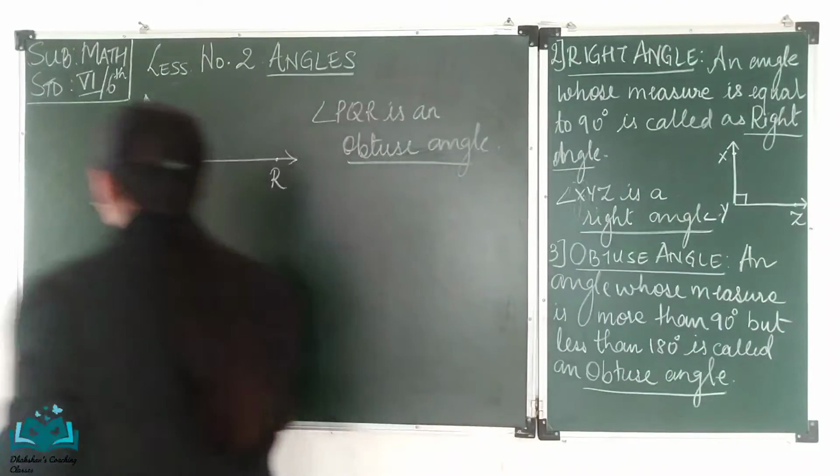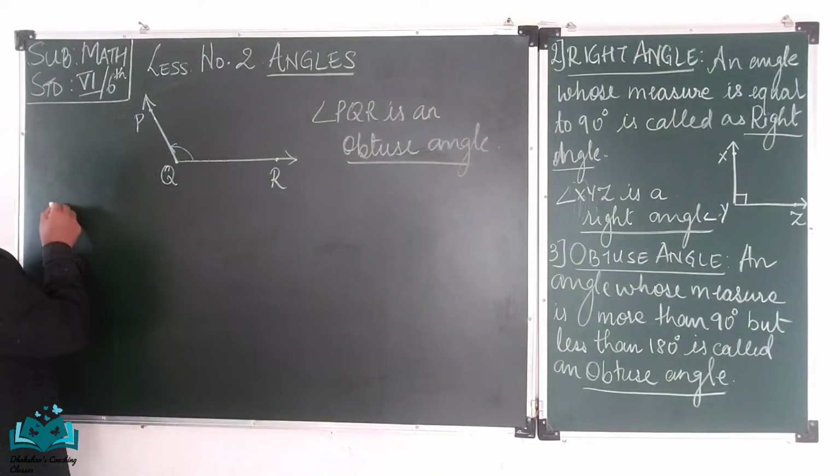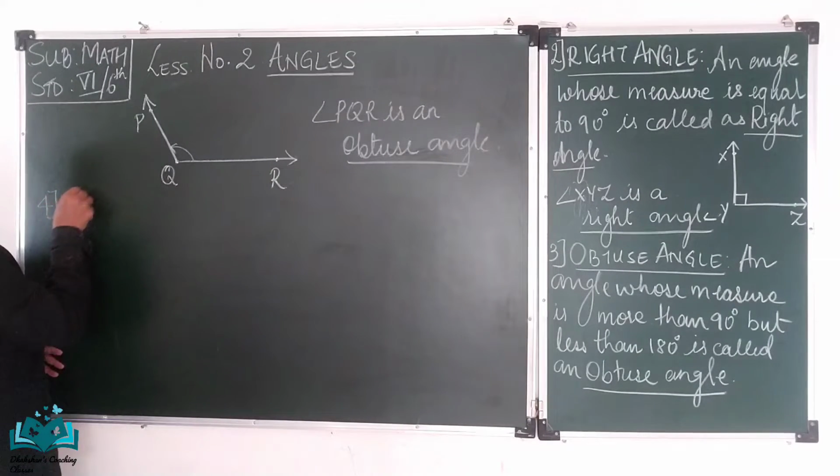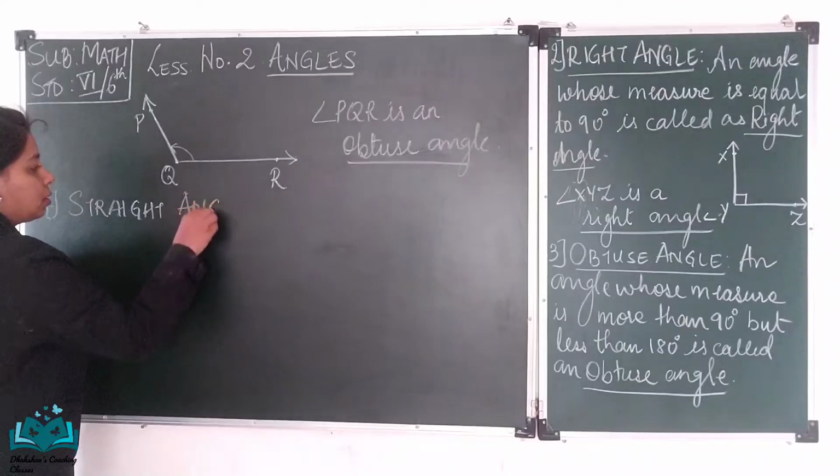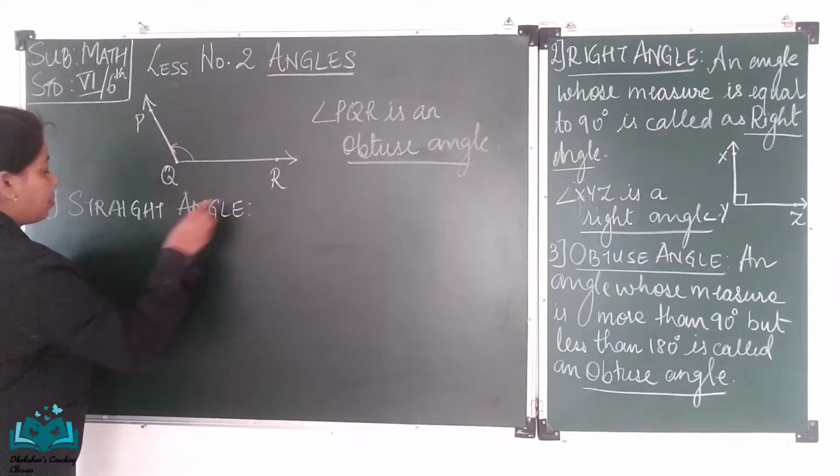Okay. So, the next type is what? The fourth type of angle is your straight angle.